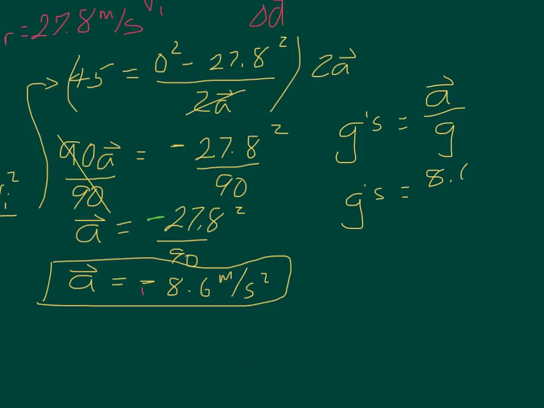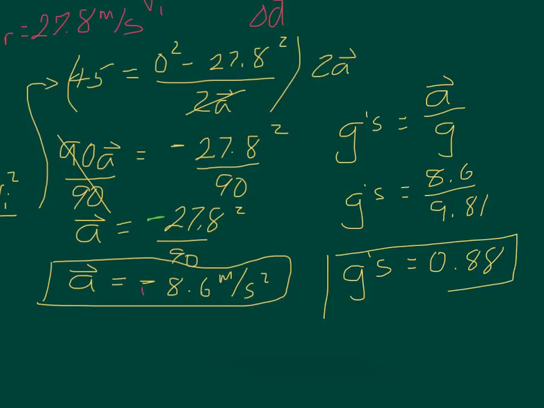The direction doesn't matter, so 8.6 divided by 9.81. Okay, so it's going to be less than 1. So it's less than the pull of gravity downwards on us. It actually equals 0.88. And it's just a ratio, so that's it. You're experiencing 0.88 of a G.